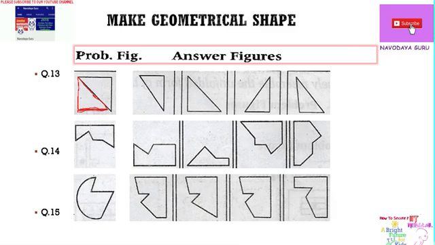Let's check. Here we have a triangular shape. Here also we have a triangle shape. In the third portion also we have a triangle shape. In fourth portion also we have a triangular shape. When we see the distance or length of these sides, we can find that option 2 is the correct answer.